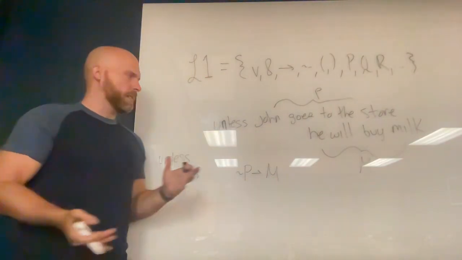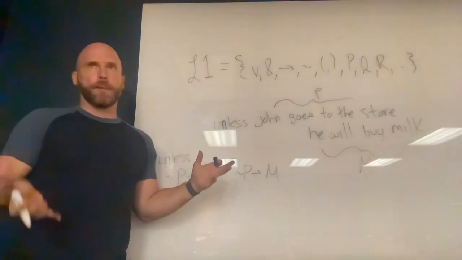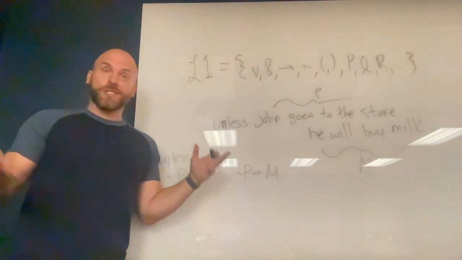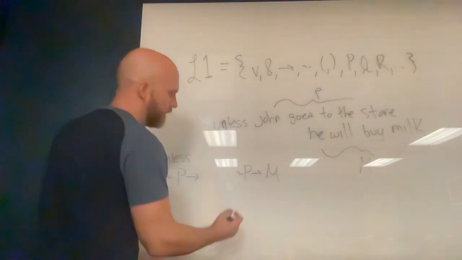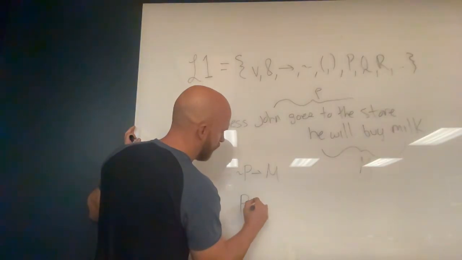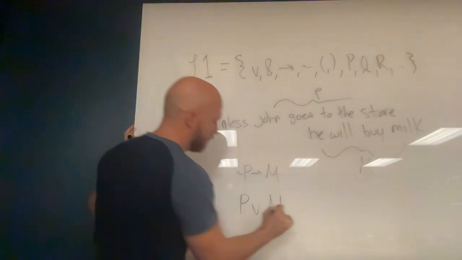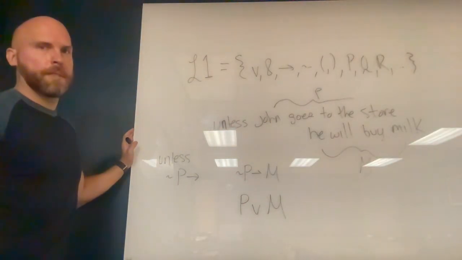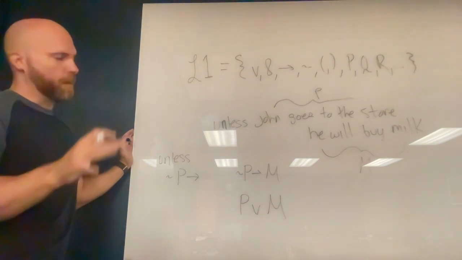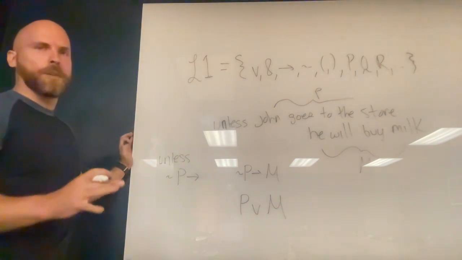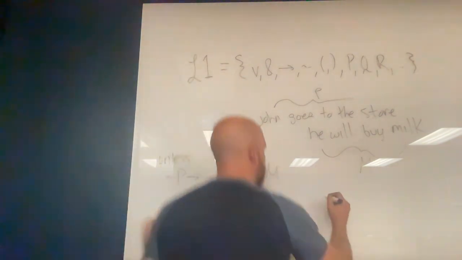Another way of putting that is "If John doesn't go to the store, then he'll buy milk," which is logically equivalent to saying just this simple expression: John goes to the store or John buys milk. We've seen an equivalency between expressions like this so far.